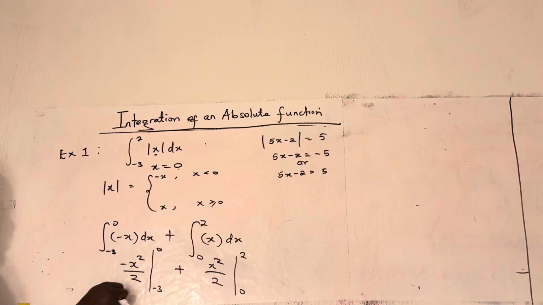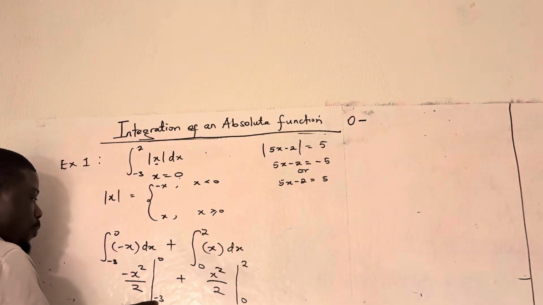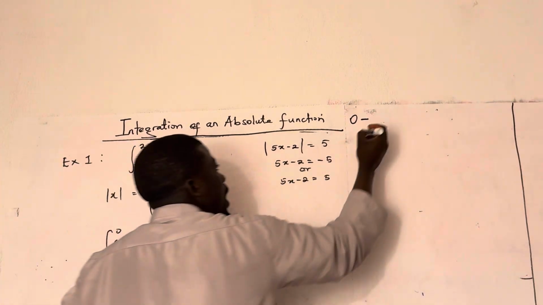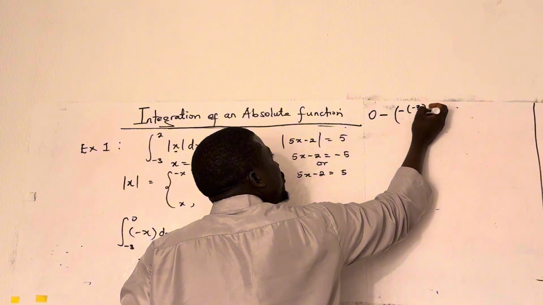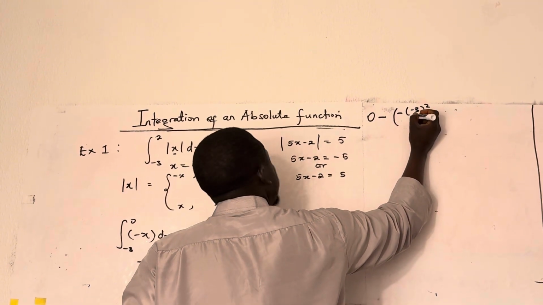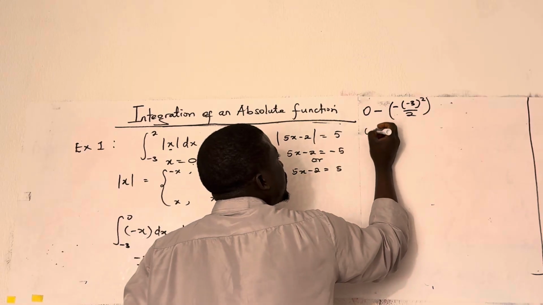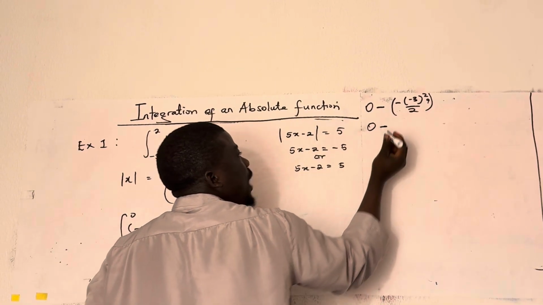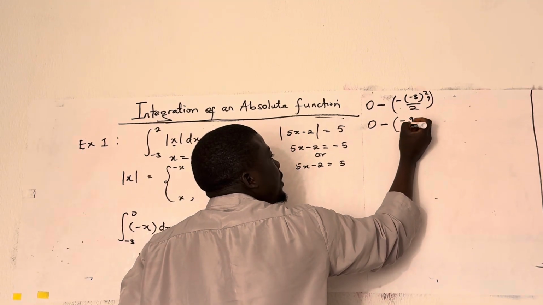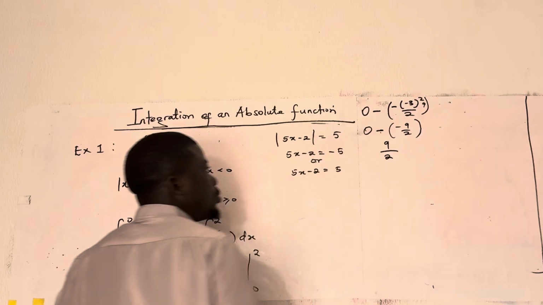When you make your substitution, if you put 0 in all this, you have 0. So it will be 0 minus, if you put minus 3 here, we have minus 3 squared divided by 2, which is minus 9 divided by 2. When you multiply this, you have 9 divided by 2.